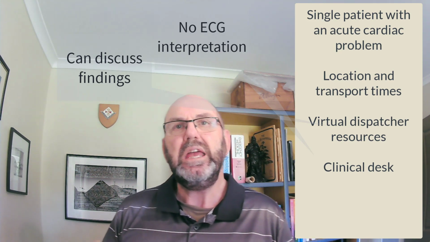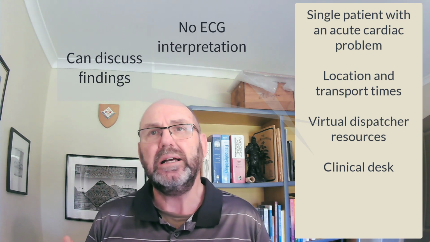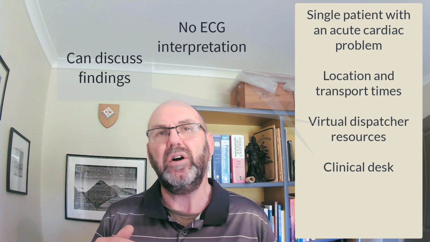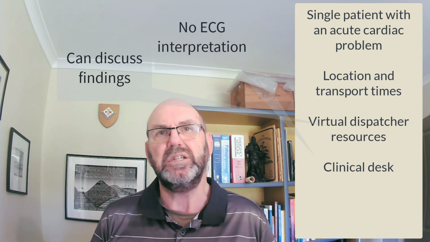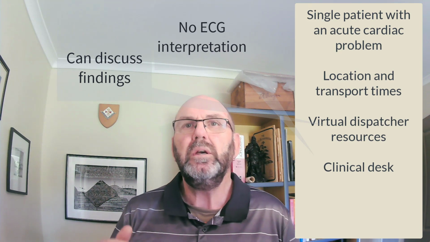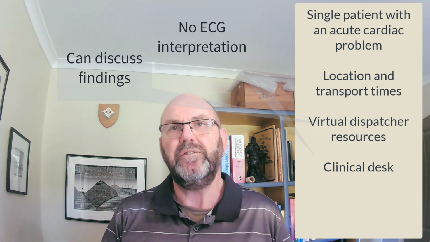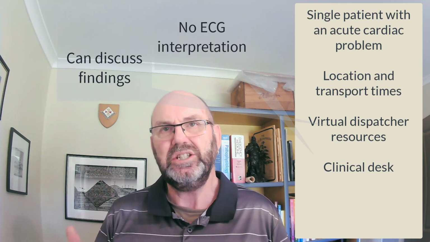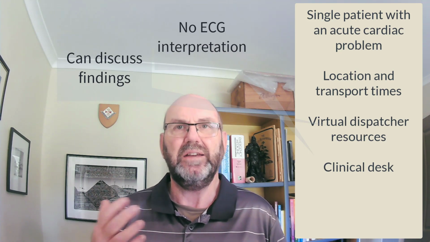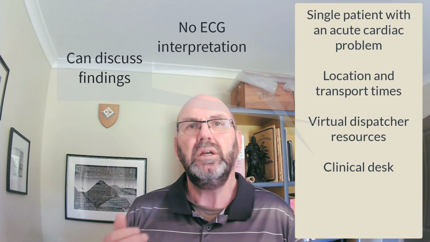For example, if you see a wide complex tachycardia, clinical desk could agree or disagree with you about specific findings, maybe the presence or the absence of a P wave for that particular ECG. You can also ask for further information, such as old ECG findings. An example of that would be if you counted a left bundle branch block.